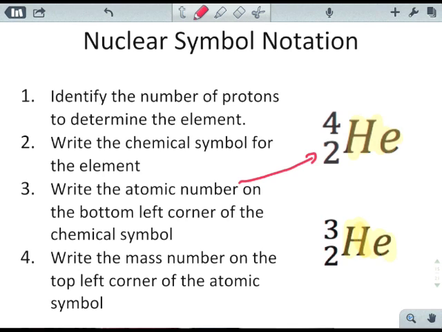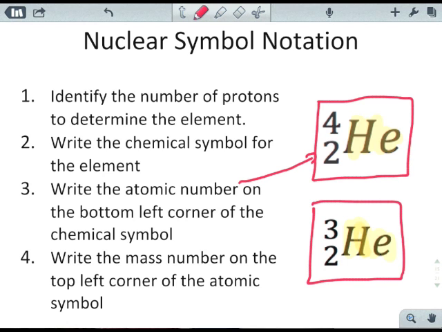So when we're looking at it, we know that in the one atom of helium we had 2 protons and 2 neutrons, so that's where we got the 4 from. And in the other atom of helium, we had 2 protons, because remember, 2 means that it's helium, and then 1 neutron, so this was helium-3. So this would be the nuclear symbol notation for helium-4, and this would be the nuclear symbol notation for helium-3.